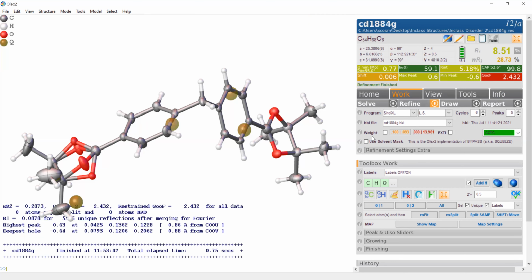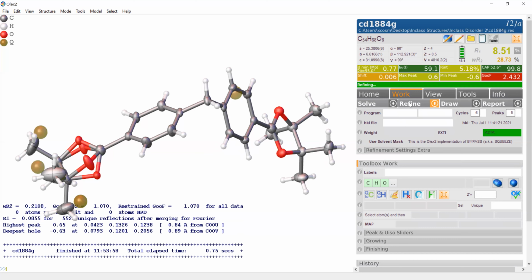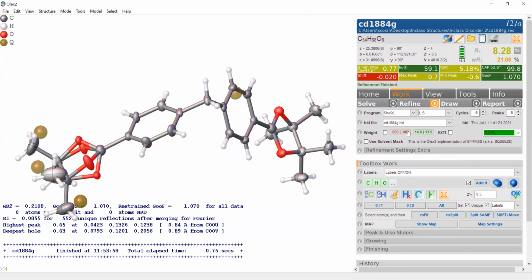And we can now look at the weighting parameters. So I'll go ahead and use the suggested weighting parameters here to start off with. And let's refine it.